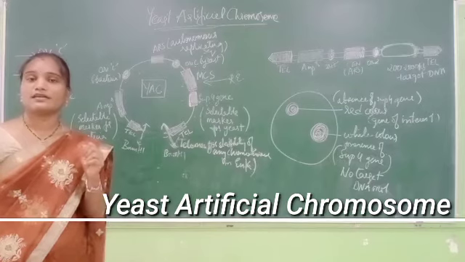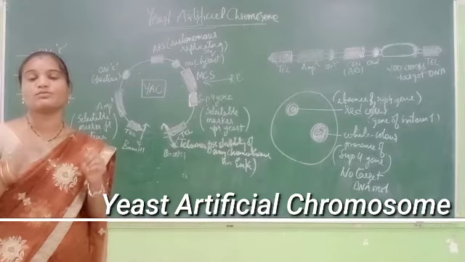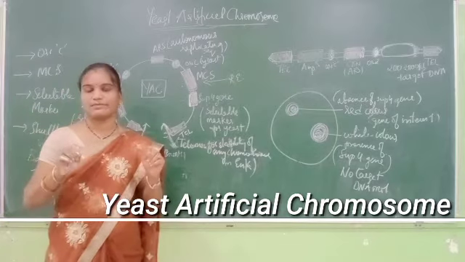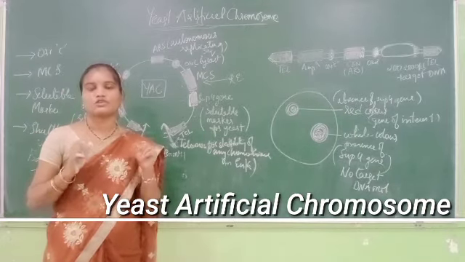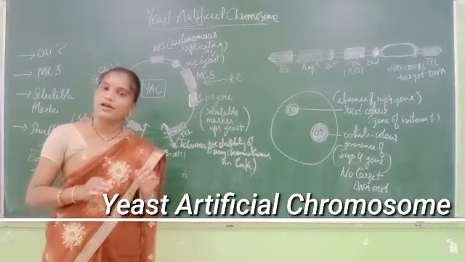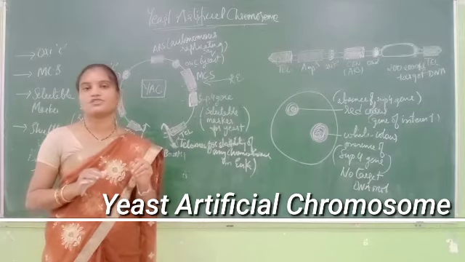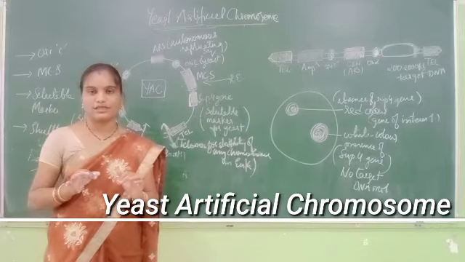So compared to BAC, that is bacterial artificial chromosome, YAC is totally unstable. So this is the main disadvantage of YAC. YAC is totally unstable. Hence most probably in your rDNA technology, in your genetic engineering experiments, BAC is generally used when compared to YAC.